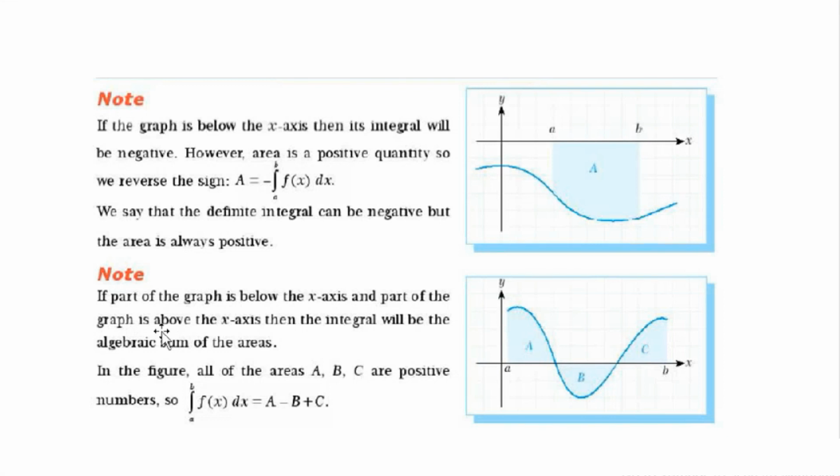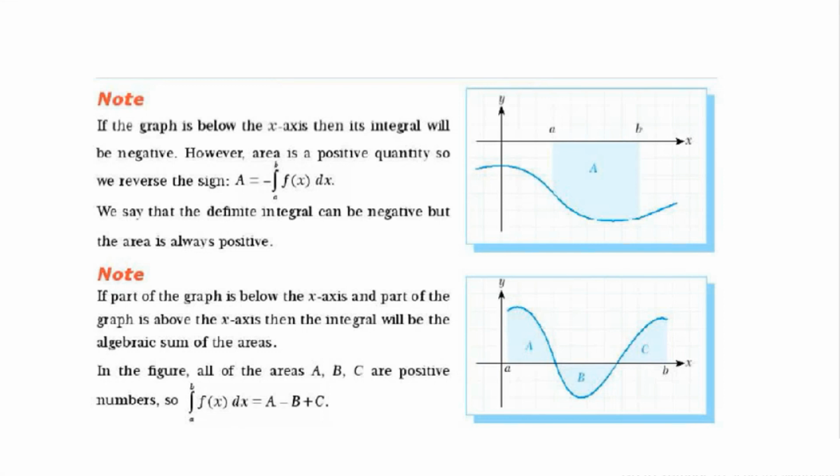Now, the other case is when part of the graph is below the x-axis and part of the graph is above the x-axis. Then the integral will be the algebraic sum of the areas. In the figure, all of the areas A, B, C are positive numbers.